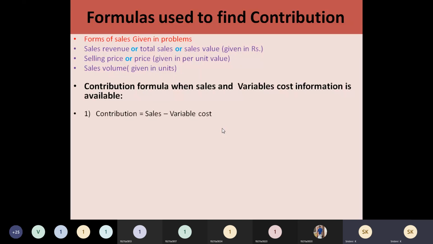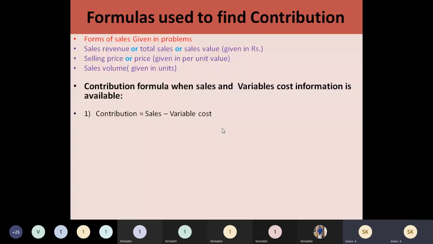Sometimes they may confuse you. They may give you total sales and variable cost may be given in per unit value. Then you convert the selling price into per unit value and then only you deduct the variable cost per unit. Or you convert the variable cost into total variable cost and then deduct it from the total sales.